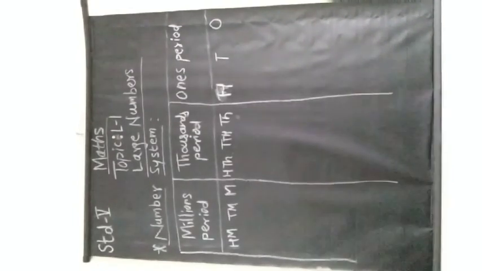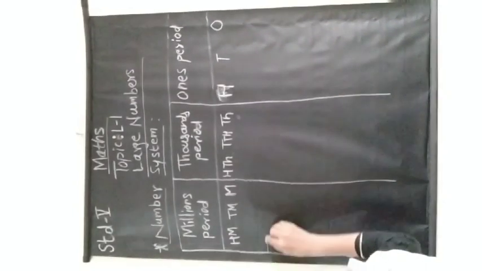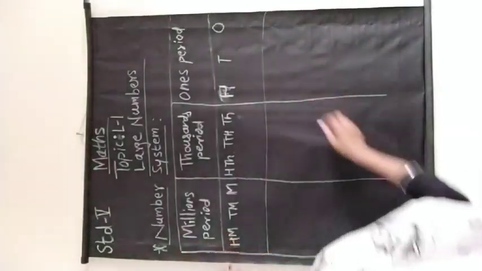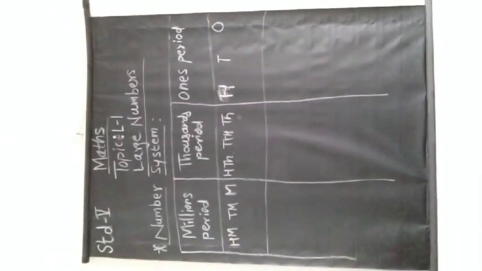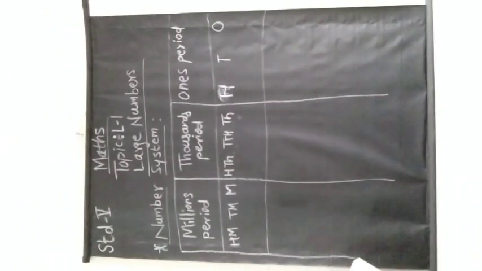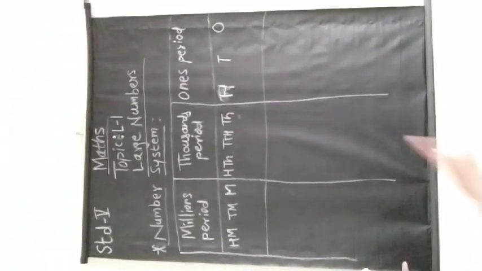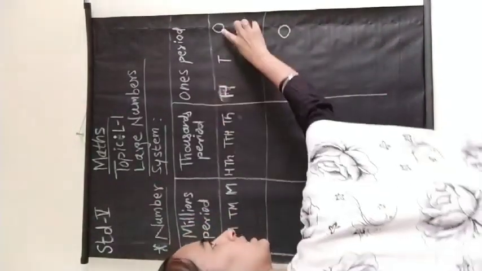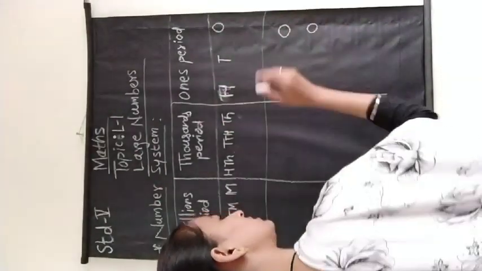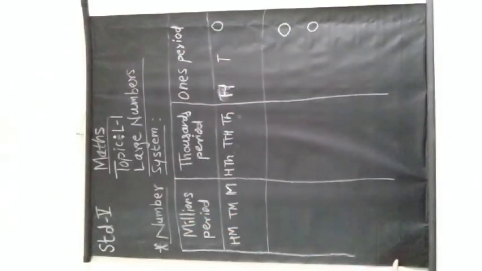Okay, now let's look at the difference between the Indian system and the international system. What is the difference between them? In the Indian system we use ones as ones, and in the international system ones is also the same.